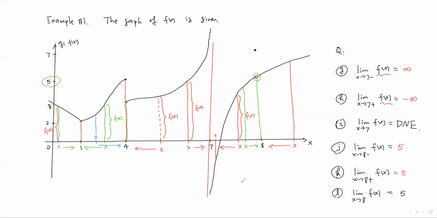The next question, the last question, question M. What is the function value at A? Now this time, you need to look for the solid point. A solid point is part of the graph; an open point is not part of the graph.